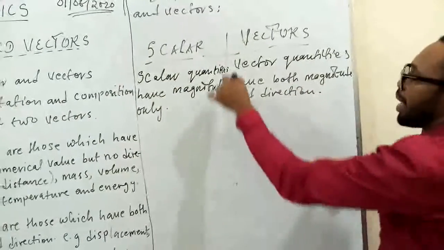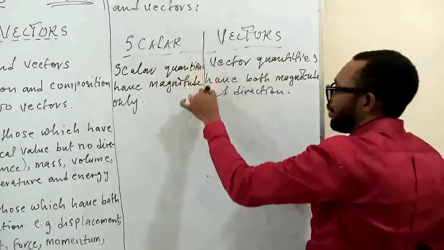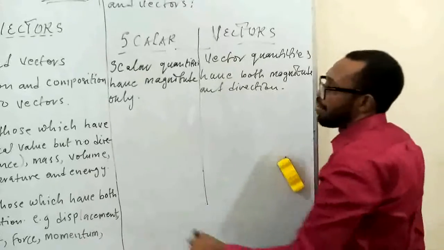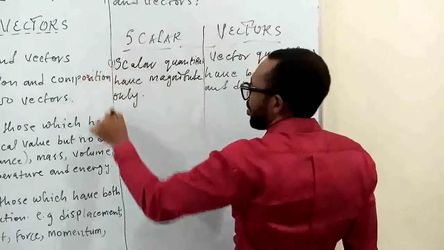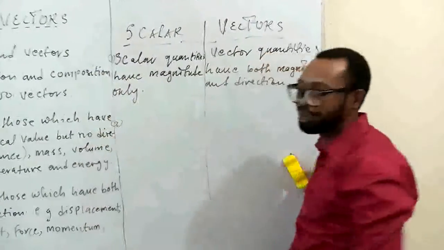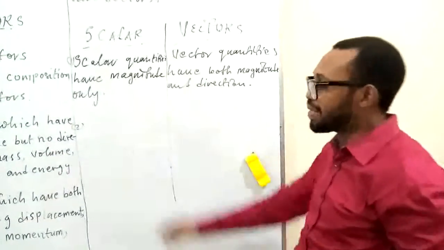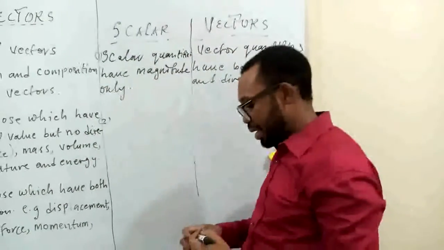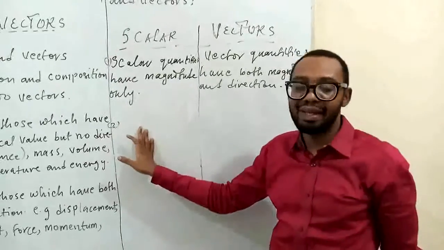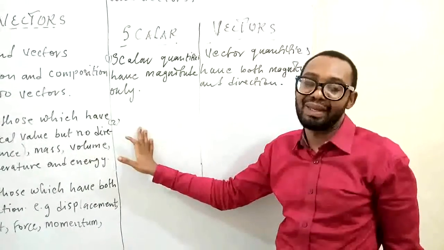Is that clear? Now the first difference between scalar and vector, you can take it as number one. Number two: scalar quantities are added numerically, that is, using arithmetic.